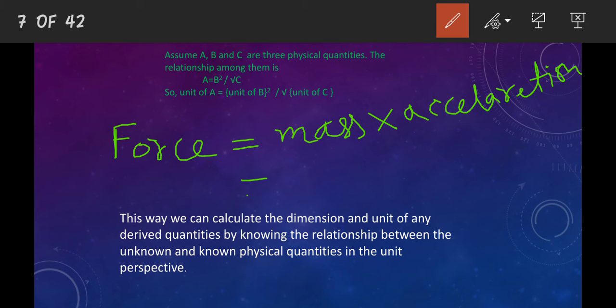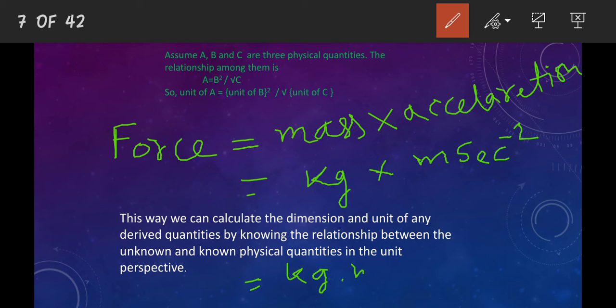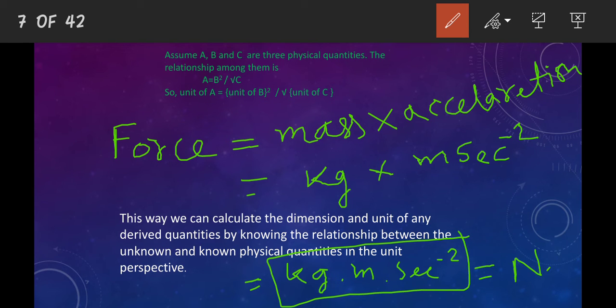The unit of mass in SI is kg, and what is the unit of acceleration? It is meter second to the power minus 2. So the total unit is kg meter second to the power minus 2, and this quantity is known as Newton. So the unit of force in SI is Newton.